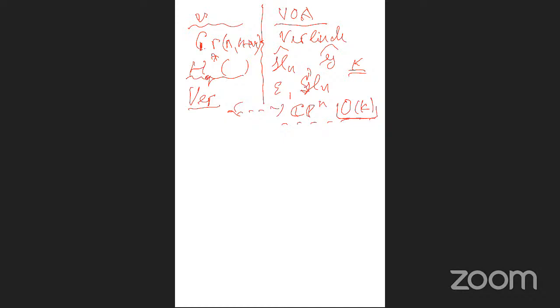At least if we believe in this, it means that this Grassmannian of n plus m knows something about the vertex operator algebra which we have here. Knows in what sense? It is cohomology, and maybe K-theory is in charge of this.